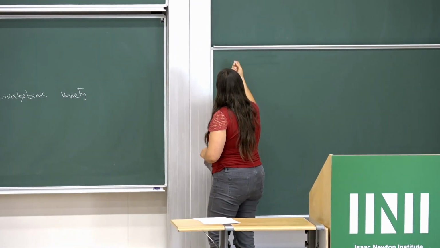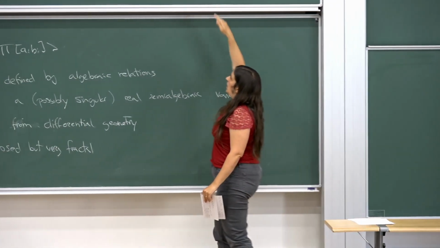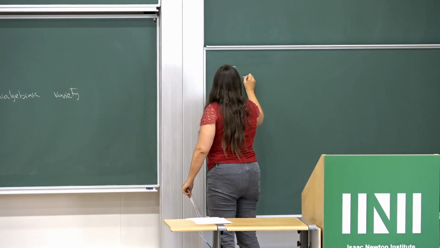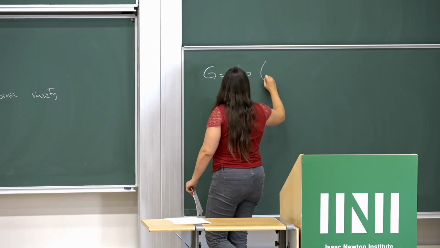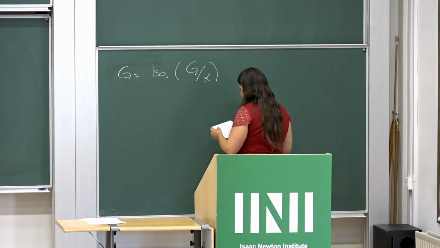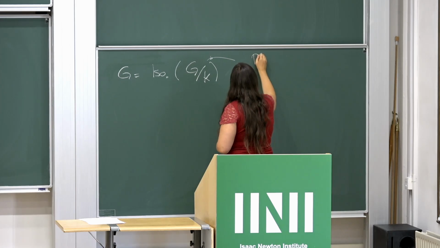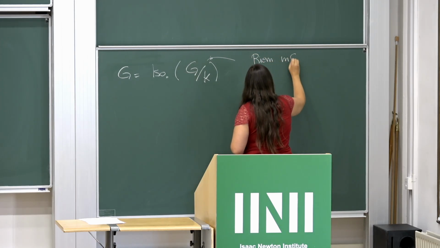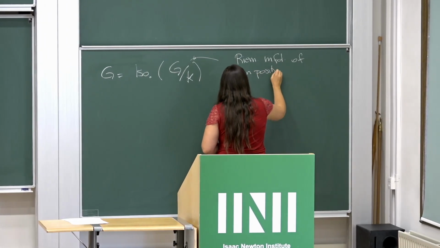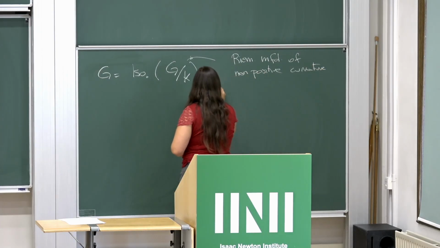The group G was a group from linear algebra, but I really want to think of these Lie groups as groups from differential geometry, meaning that I think of G as the isometry group, a component of the isometry group, of the quotient of G by its maximal compact, where this quotient is a simply connected Riemannian manifold of non-positive curvature. So this is the symmetric space.